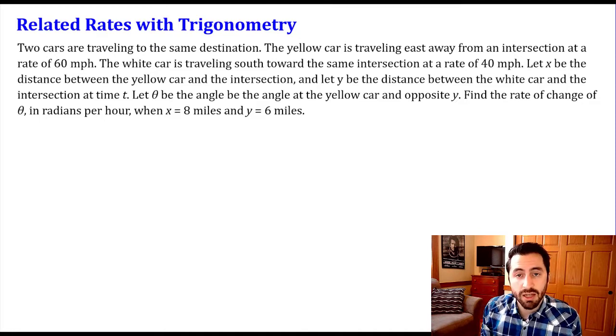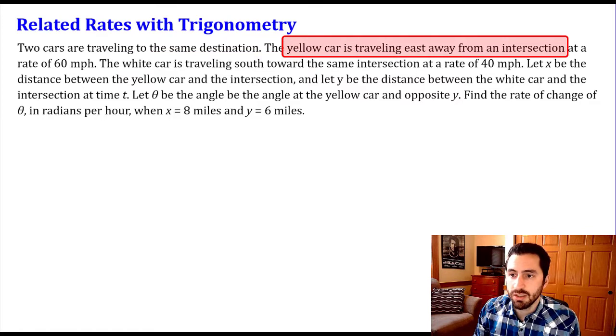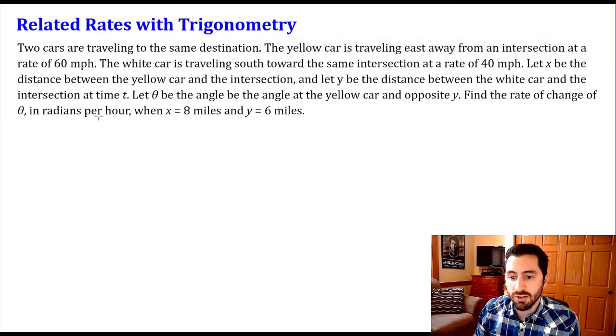Okay, there's a lot of information going on here. So let's start with the diagram. We can label that with what we know, and hopefully that'll help us guide our problem solving process. So we have an intersection. One of the cars is traveling south towards the intersection. The other one is traveling east away from the intersection. I can represent that entire situation with a triangle. So let's say here's our intersection.